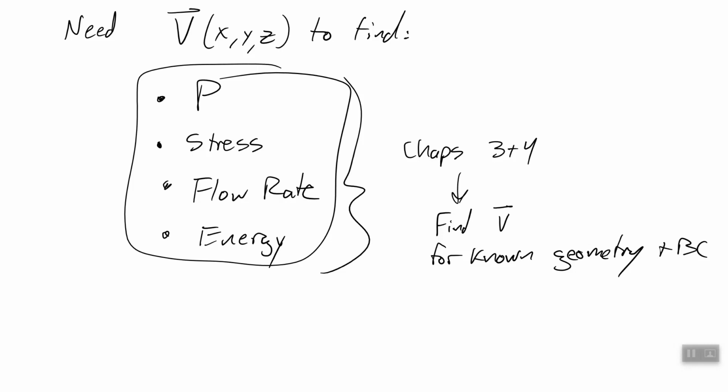All right, we've got one more thing to do in this lecture, and then we will move on. So the velocity field is cool, and one really cool thing about it is we can visualize it, right? So the velocity field, in theory, tells us which direction and how fast the fluid is moving at any point, anywhere in the regime, in the geometry we're looking at, like say in a pipe.